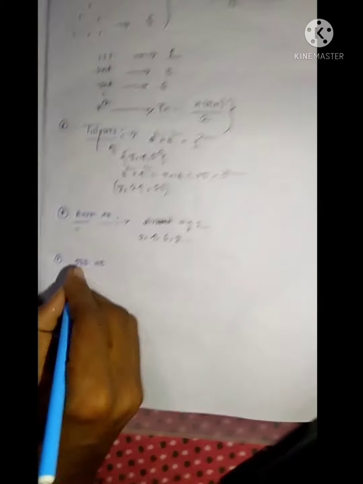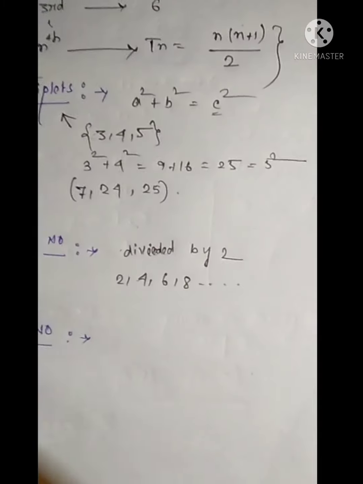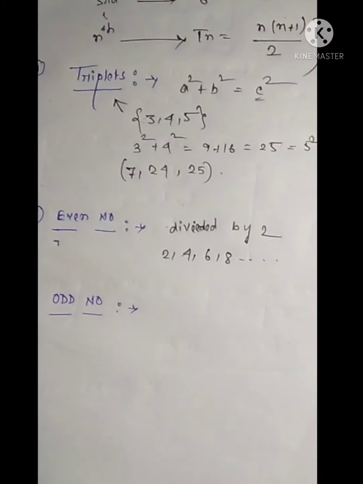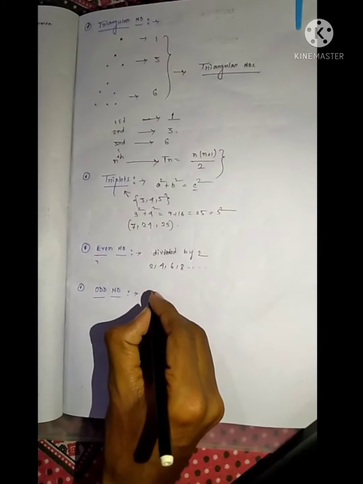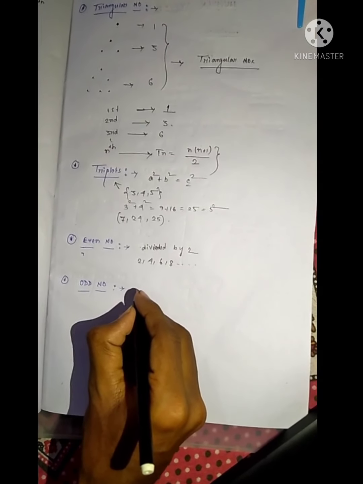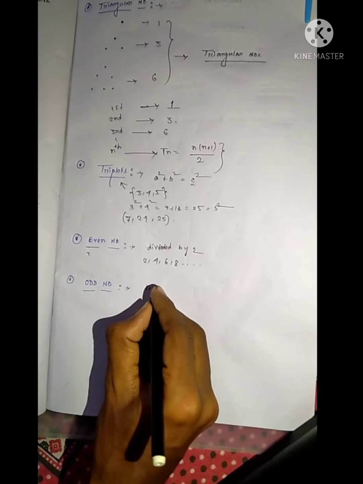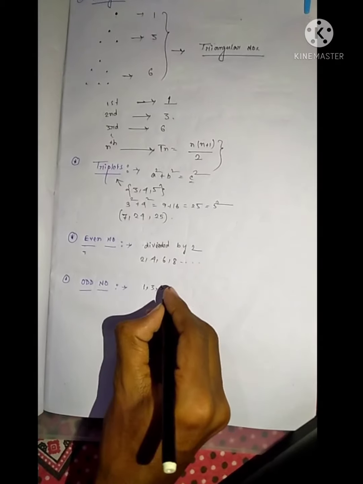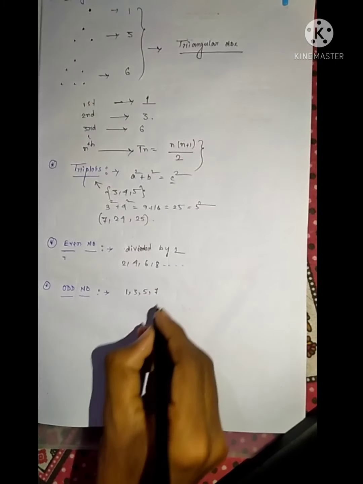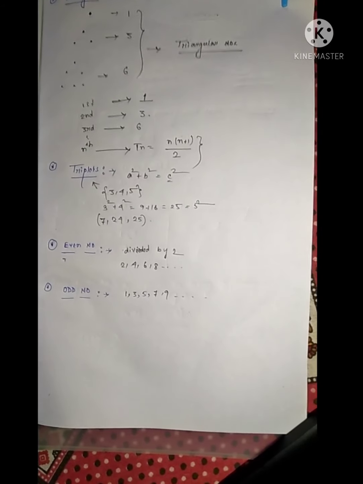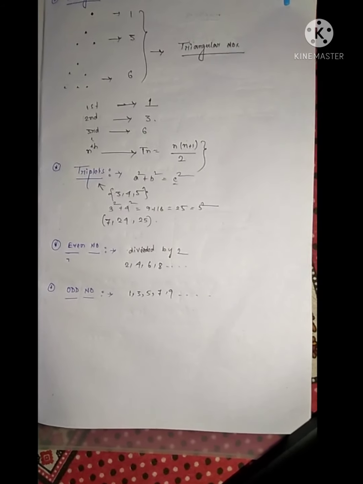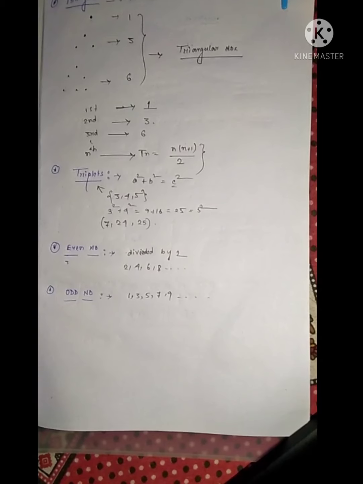Odd number, Asamasankha. Numbers which are not divisible by 2. 1, 3, 5, 7, 9, all these which are not divisible by 2 are called odd numbers.